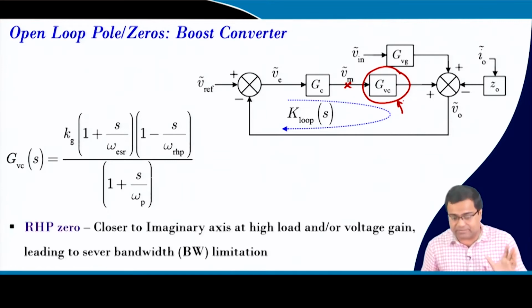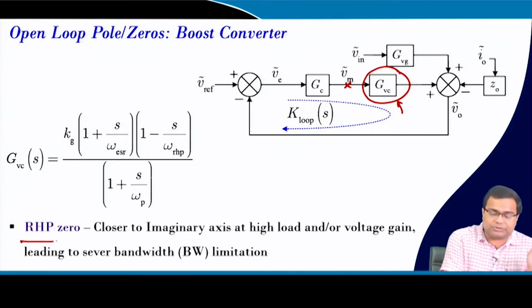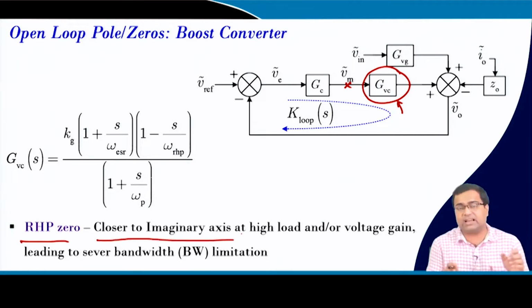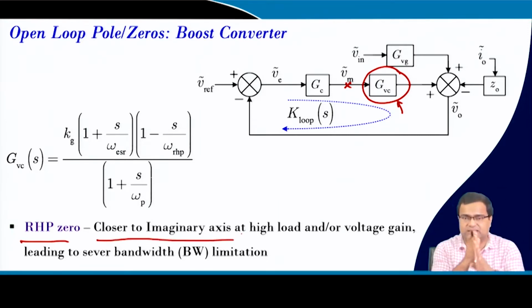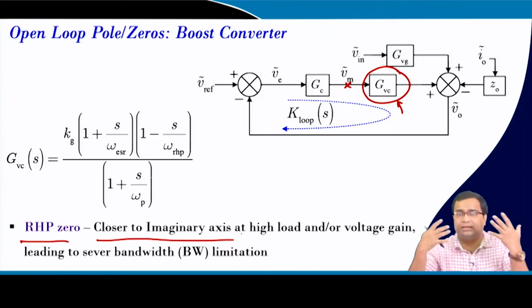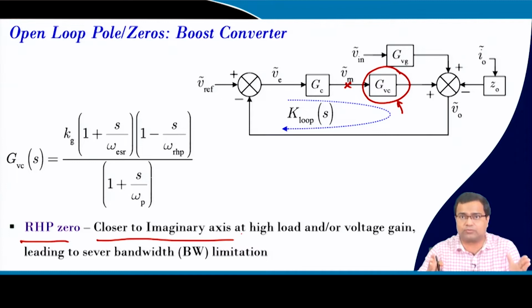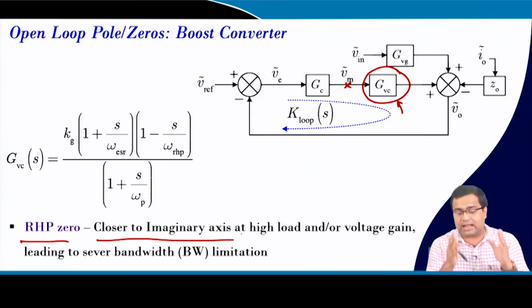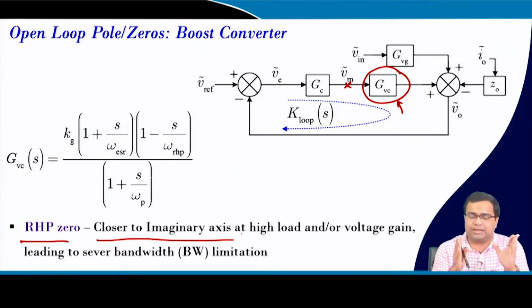This transfer function has one RHP zero, and we have discussed that the RHP zero comes close to the imaginary axis under high load and high voltage gain, and that will lead to a severe bandwidth problem, because when you design a compensator, the desired crossover frequency will be limited by the RHP zero. So, if the RHP zero comes close to the imaginary axis, the bandwidth of the boost converter will be very low.